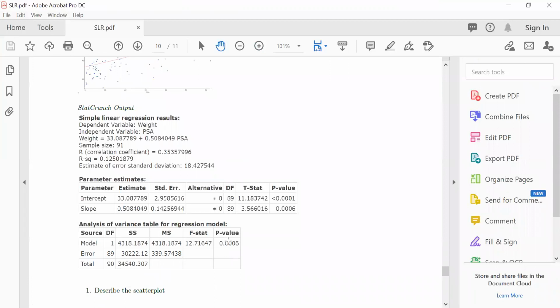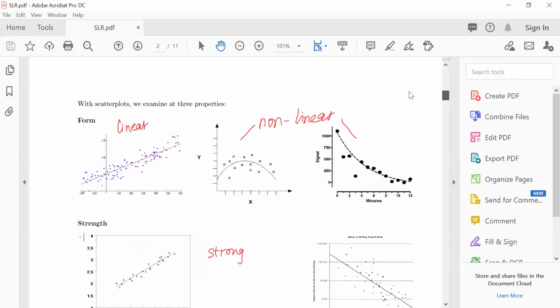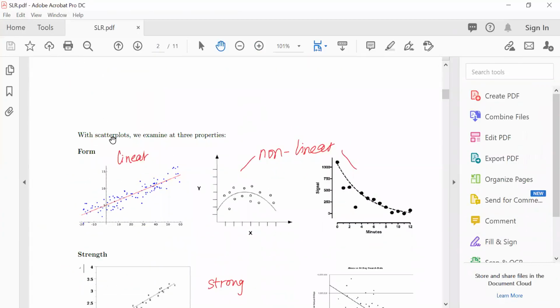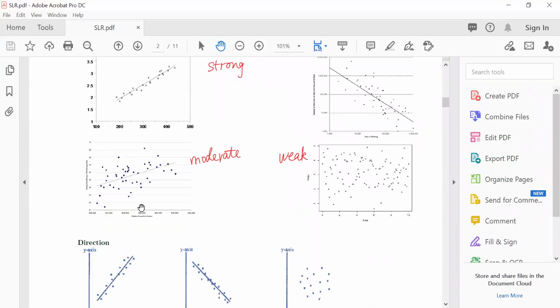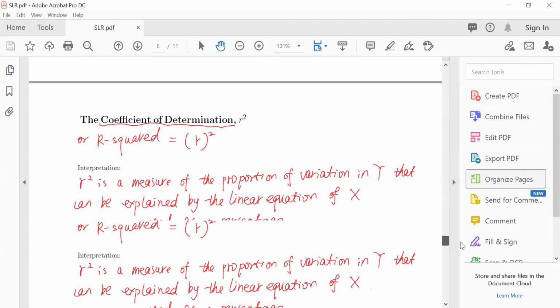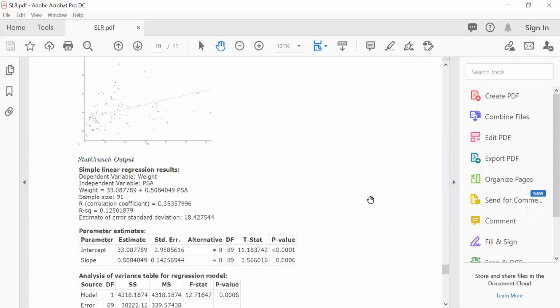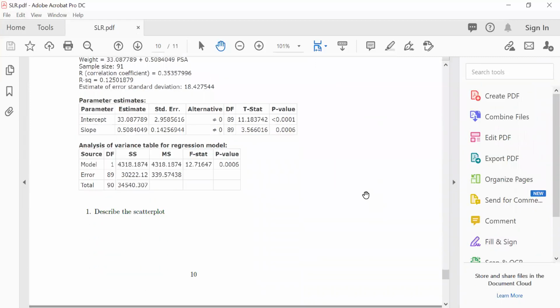First, describe the scatter plot. There are 3 properties of the scatter plot that we are interested in. That's on this page 2. We examine 3 properties: the form, the strength, and the direction. So let's take a look at this scatter plot here. The form is roughly linear, right?